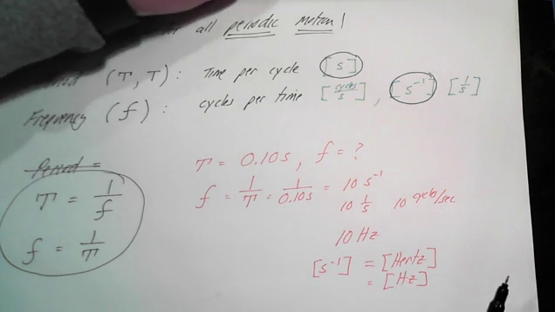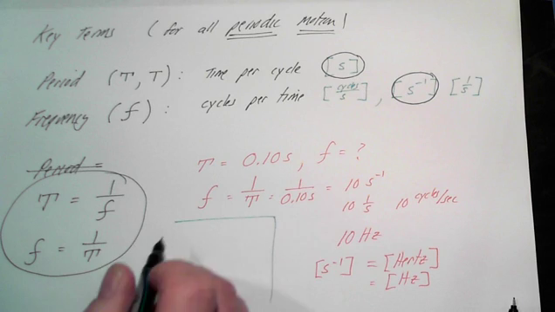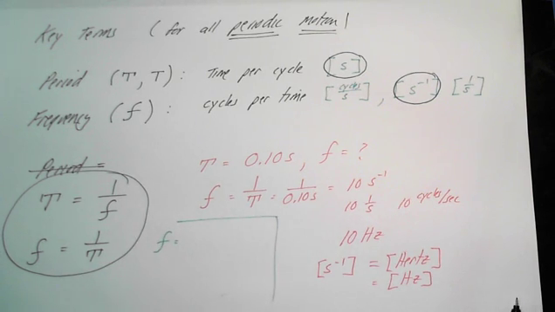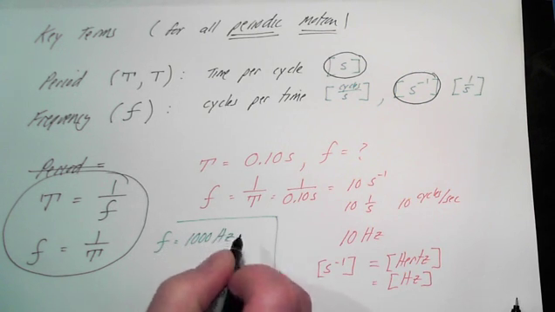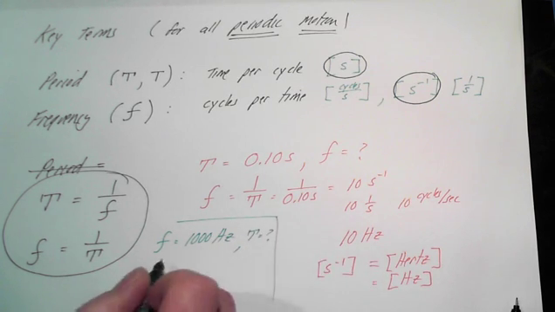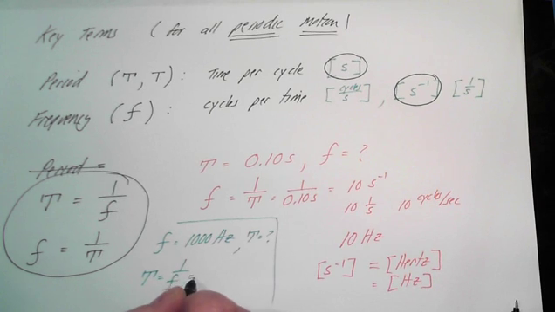Let's do another one. I'm forgetting the orange. Let's go to green. Let's go the other way. Suppose that the frequency is 1000 hertz. What is the period? Again, it's just a simple case of, to get the period, you take the inverse of the frequency.